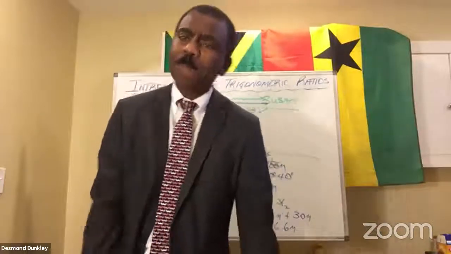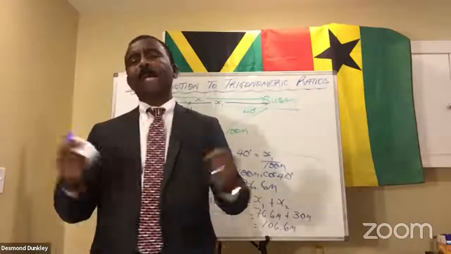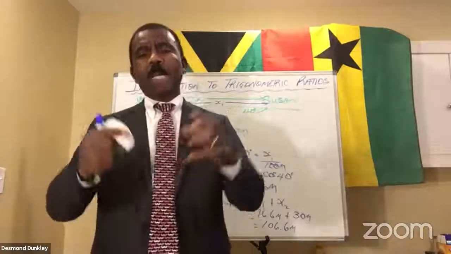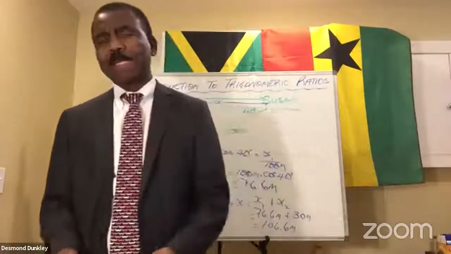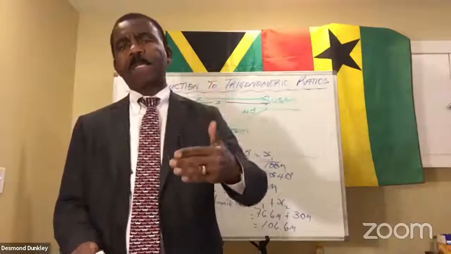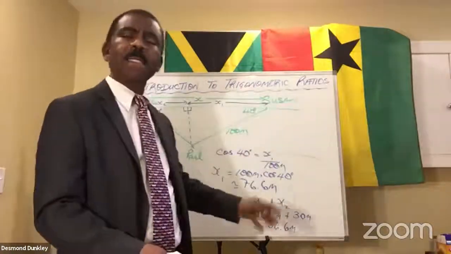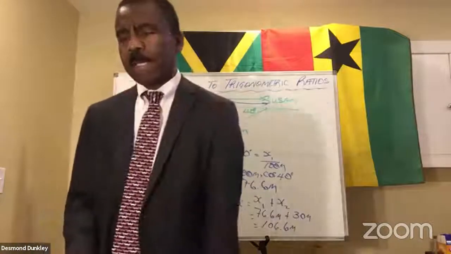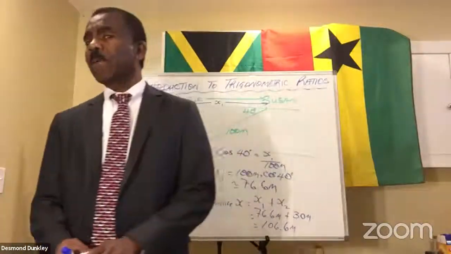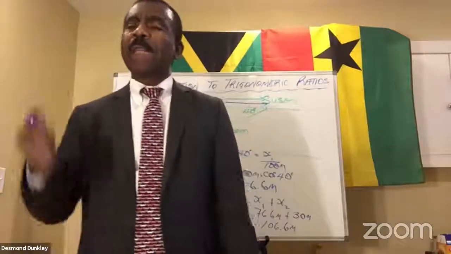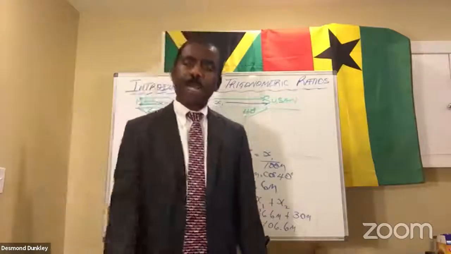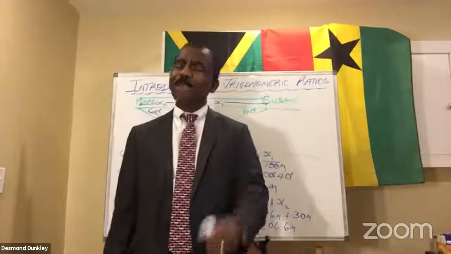I hope this was helpful, and I hope this will help as we build our foundation and build our toolbox as we progress. I promise you that there will be more questions that will incorporate what we have already covered. Next class, next session, we're going to be covering how to find the area of a triangle that is not a right triangle. Very interesting.